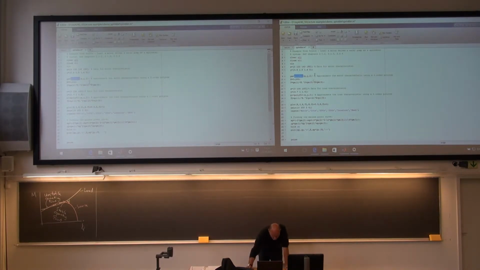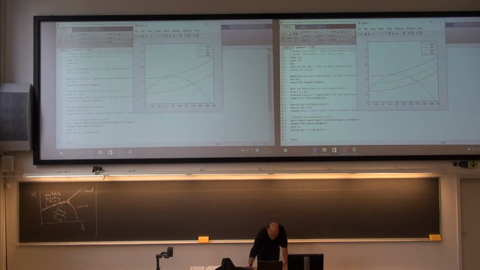So here I've chosen just a second order polynomial. Then polyfit will give back the coefficients for the x squared plus x and so on and so forth. So I can show you how this one looks. Quite nice actually.